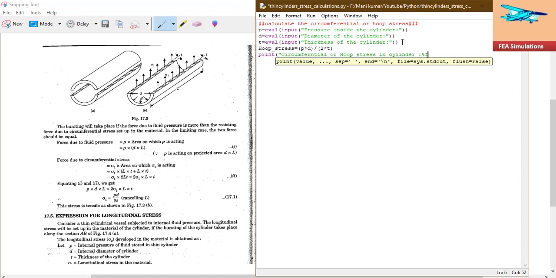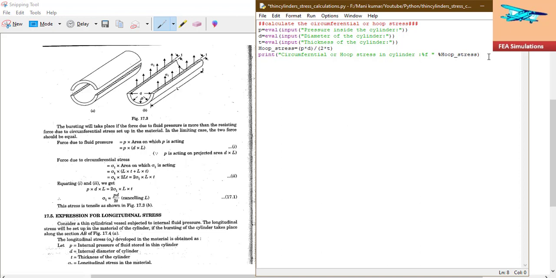Percentage of means float values. Percentage hoop stress. Hoop stress is nothing but this hoop stress is evaluated.